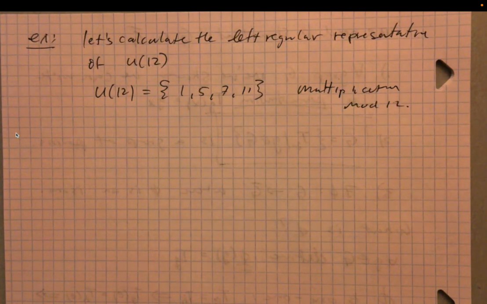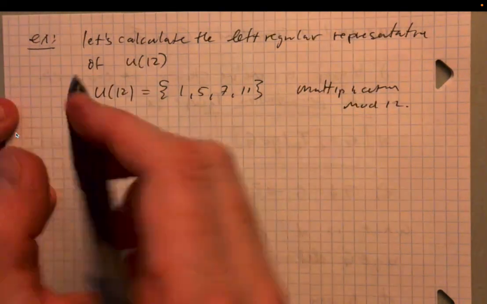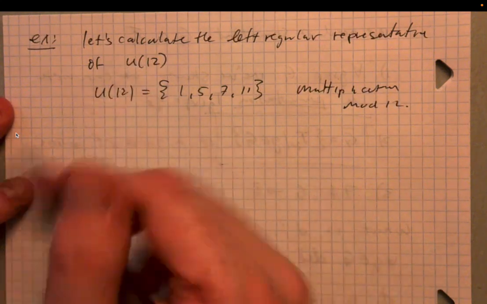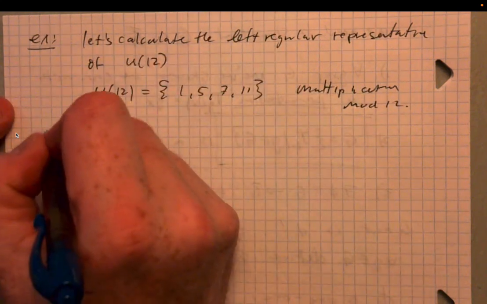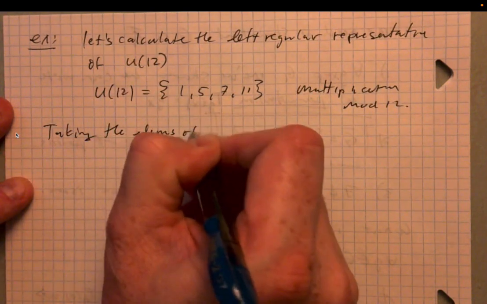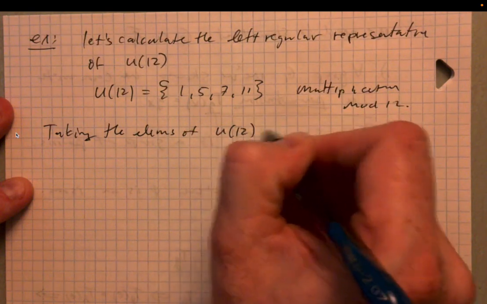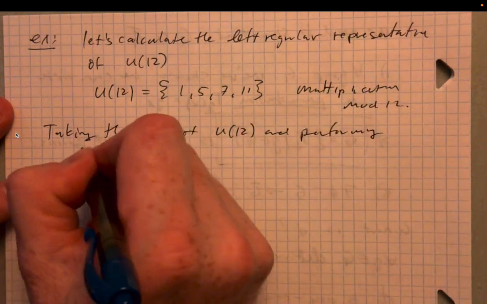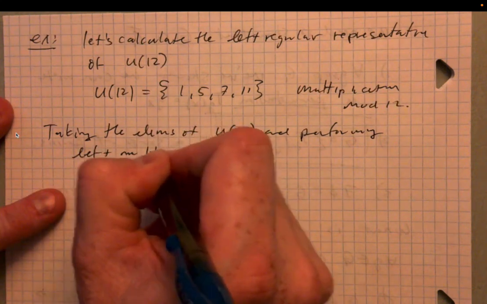Now what we're going to do here is generate all of the elements of the left regular representation of U12. The way we're going to do it, we'll take the elements of U12 and perform left multiplication.